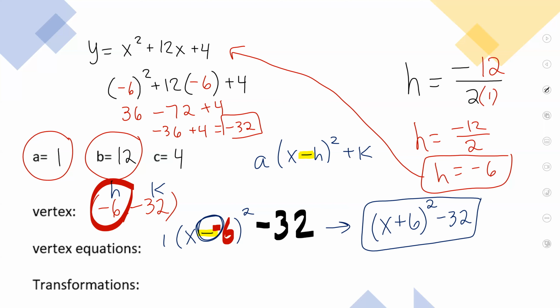So if I write down the transformations, this went left 6, down 32. Those are your transformations. The 1 in the front, it's not a vertical stretch or a compress. Remember, it's a stretch if it's bigger than 1, and it's a compress if it's less than 1. Here, it's nothing. It didn't stretch or compress. It stayed the same.